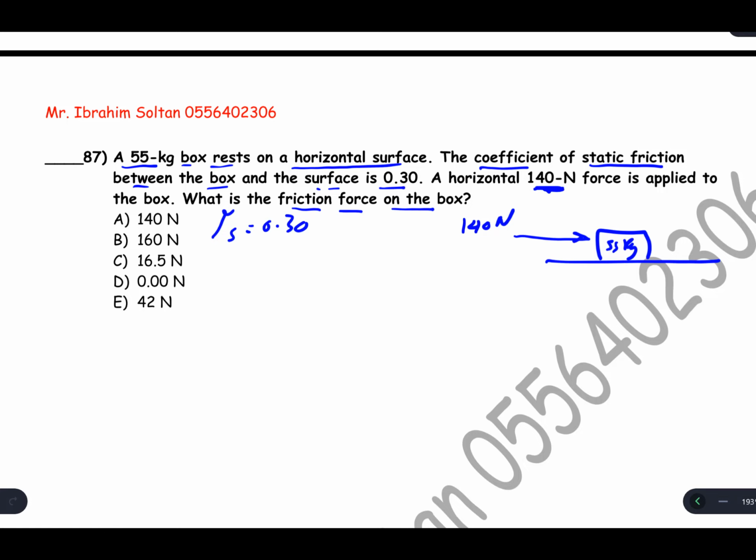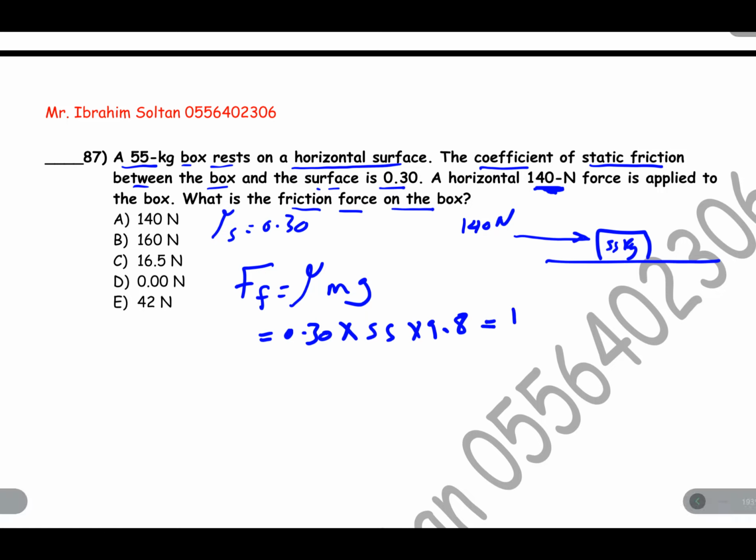Let's see if this force is larger or smaller than the static friction. So let's calculate the static friction. F equals mu mg, so 0.30 times m, 55, times 9.8 equals 161.7 Newtons.